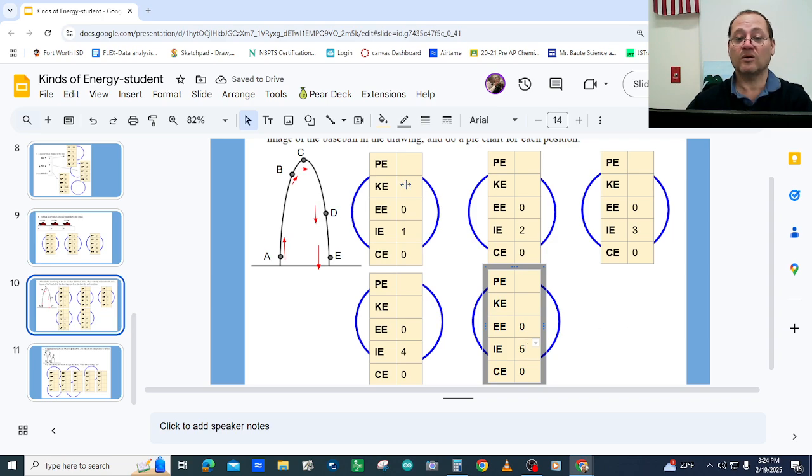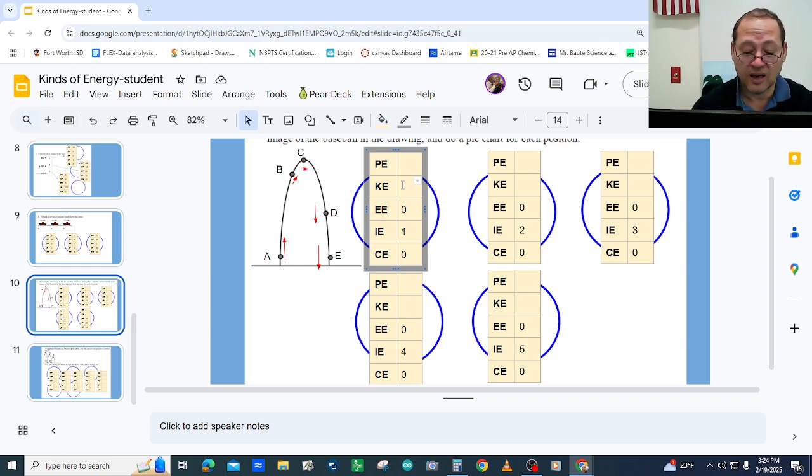All right, so as I said, a lot of kinetic energy, a little bit of potential energy. So let's say that we have about 69% of the energy as kinetic and 30% of the energy as potential at point A. That adds up to 100, right?